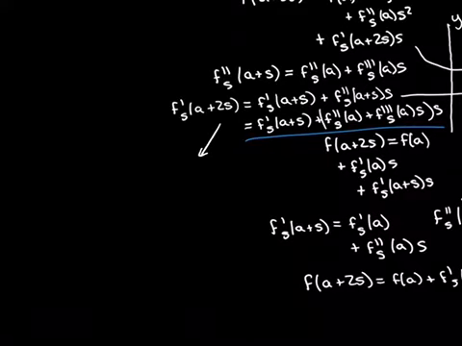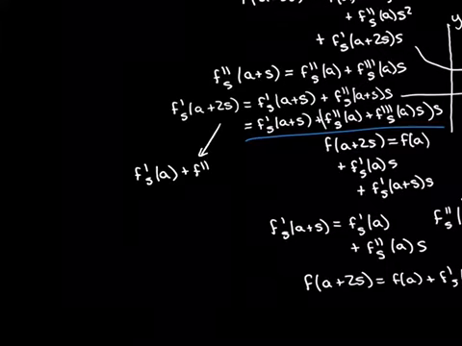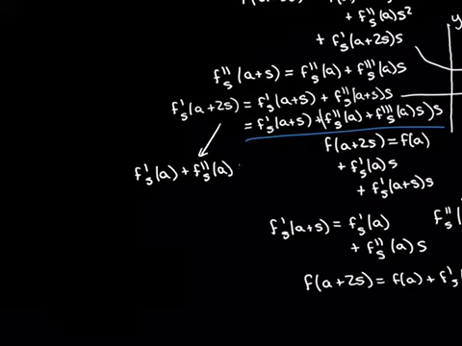So we want the first derivative at the value a plus s, which is just going to be equal to the first derivative of the function evaluated at a plus the second derivative of the function evaluated at a times s. So I've just replaced this with this, and then we want all of this.